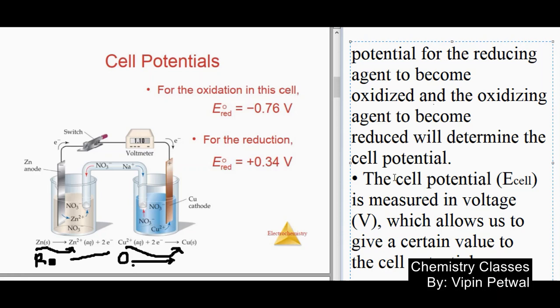And one important point I want to tell you: this one is for the zinc and this one is for the copper. You can see this zinc has minus 0.76 volt, written as its reduction potential, although it is undergoing oxidation.